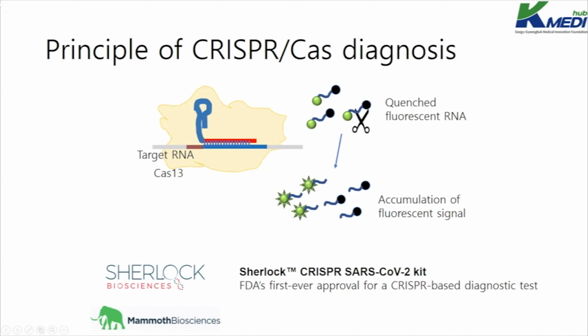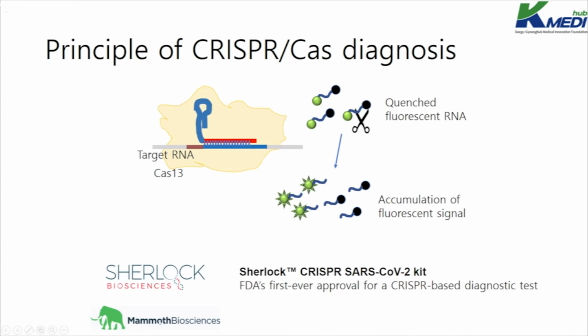One of the most famous is Sherlock Biosciences. I don't know if anyone has heard about this company, but it is the most famous company in CRISPR-Cas diagnosis, and they have an FDA-approved detection kit, the Sherlock CRISPR SARS-CoV-2 kit.